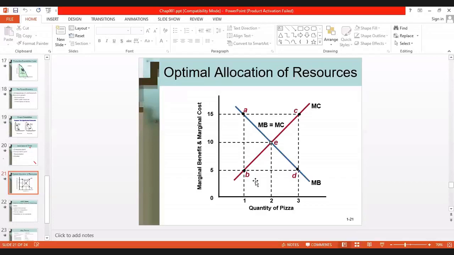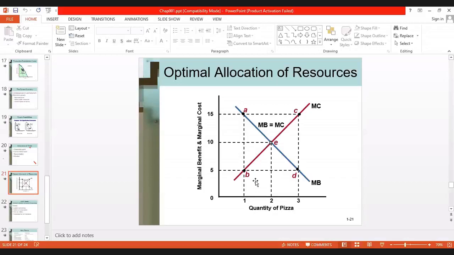The optimal allocation of pizza and robo is determined by demand and supply. Demand reflects the marginal benefit, the satisfaction from each additional pizza. For each additional pizza, we give up some robo, and the value of that robo is increasing.